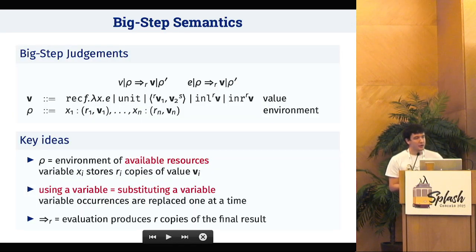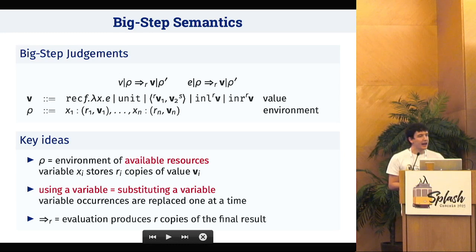Coming to the semantic side, these are the judgments. We have two judgments, one for value expressions and one for impure expressions, but they are pretty similar. They may look a bit weird, but they are actually pretty natural, because the key idea is that the evaluation happens within an environment which maps variables to their values and to a grade which specifies the allowed usage of that variable, or if you want, how many copies of the value are stored within that variable.